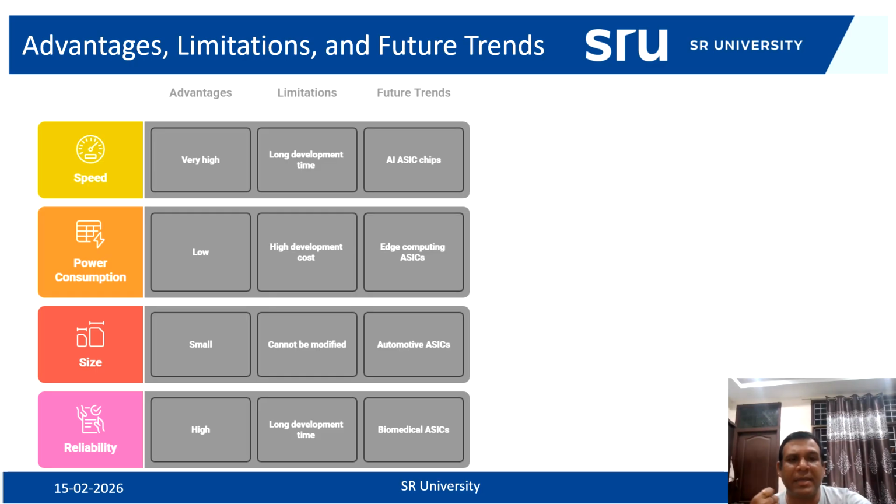In biomedical, ASICs are increasingly used in medical imaging, wearable health monitoring, and implantable devices. A well-known example of an AI ASIC is the Google TPU, which is specifically designed to accelerate machine learning workloads. Despite their limitations, ASICs remain a key technology shaping the future of high performance and energy efficient embedded systems.